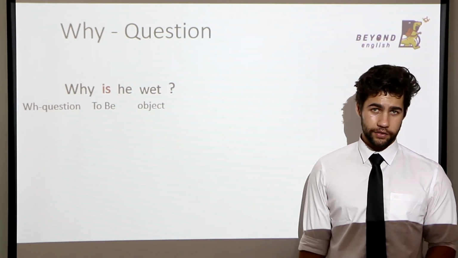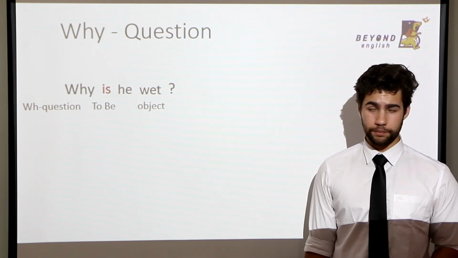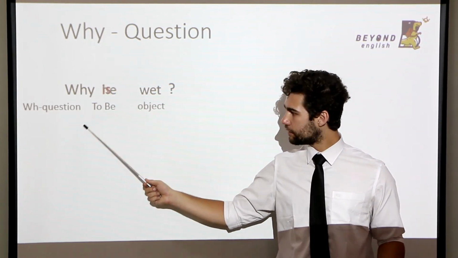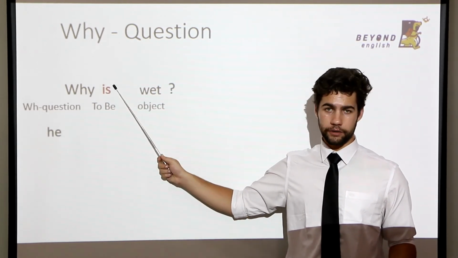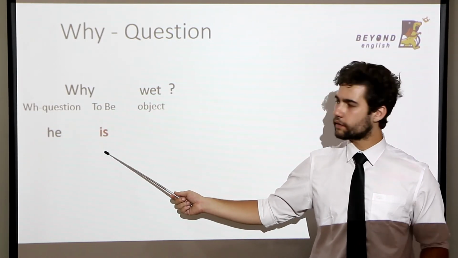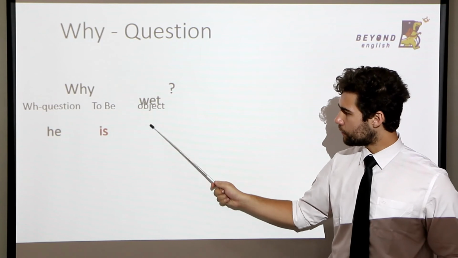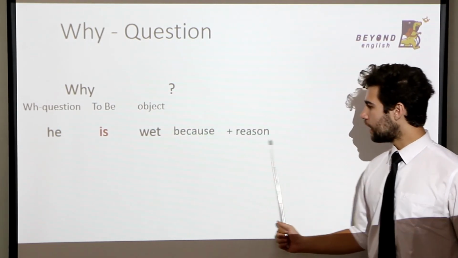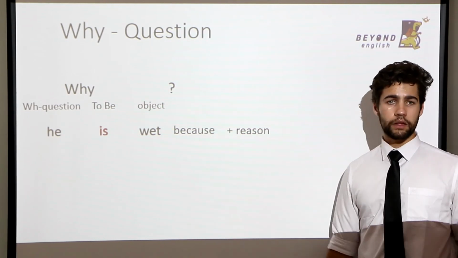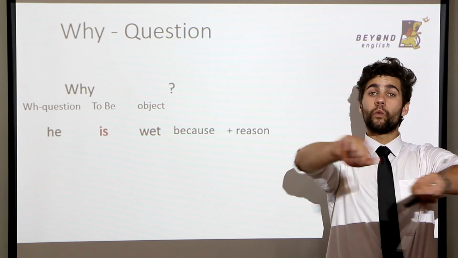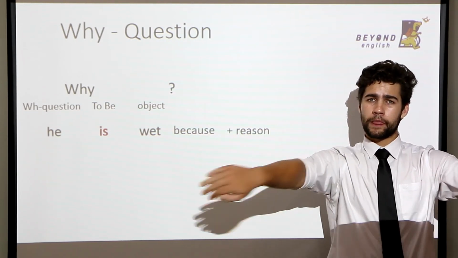And for our answer, exactly the same. So we start with our object. He, our verb is, and then our reason. So he is wet because, and then we can say a reason. So he is wet because he went swimming.